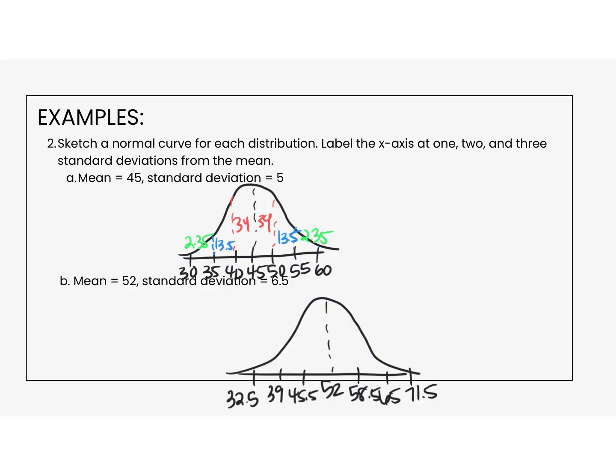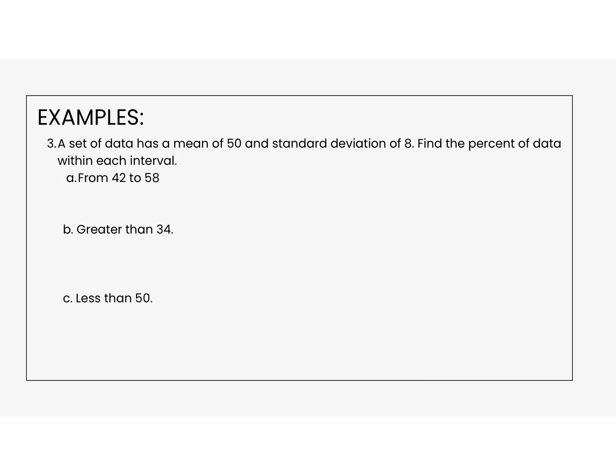And again, we can label, so out 1 standard deviation is 34 and 34, two standard deviations, 13.5 and 13.5, 2.35, 2.35. And then what I'm not labeling here that you could is this 0.15 that falls outside of 3 standard deviations. I can add that up here too. And remember, this is the percent of data that falls within those categories or within that range of values. We'll look at it in a little bit more detail in the next example.